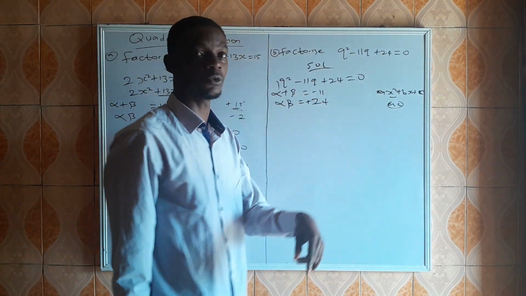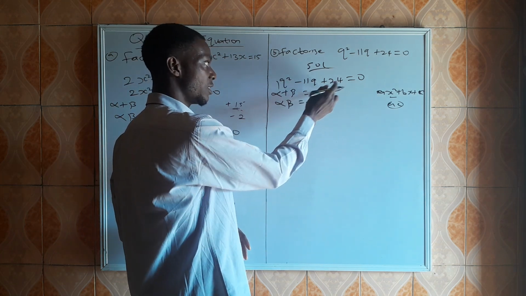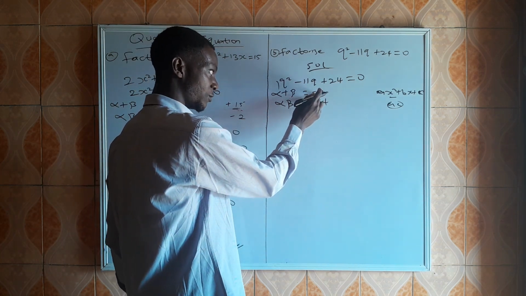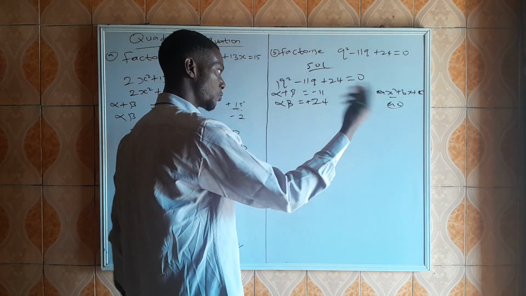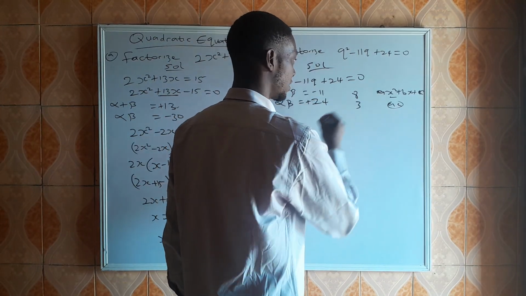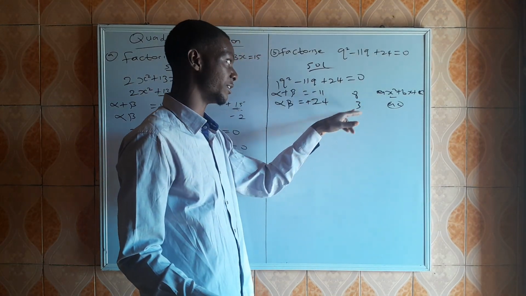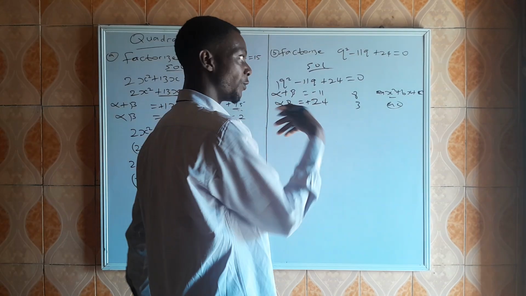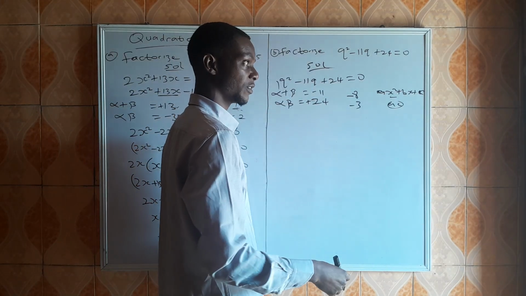The next thing to do is to look for two values which, when you add them together, give you minus 11, and when you multiply them together, give plus 24. The two positive values will be 8 and 3. 8 plus 3 is 11, and 8 multiplied by 3 is 24. For the sign, it will be minus 8 and minus 3.